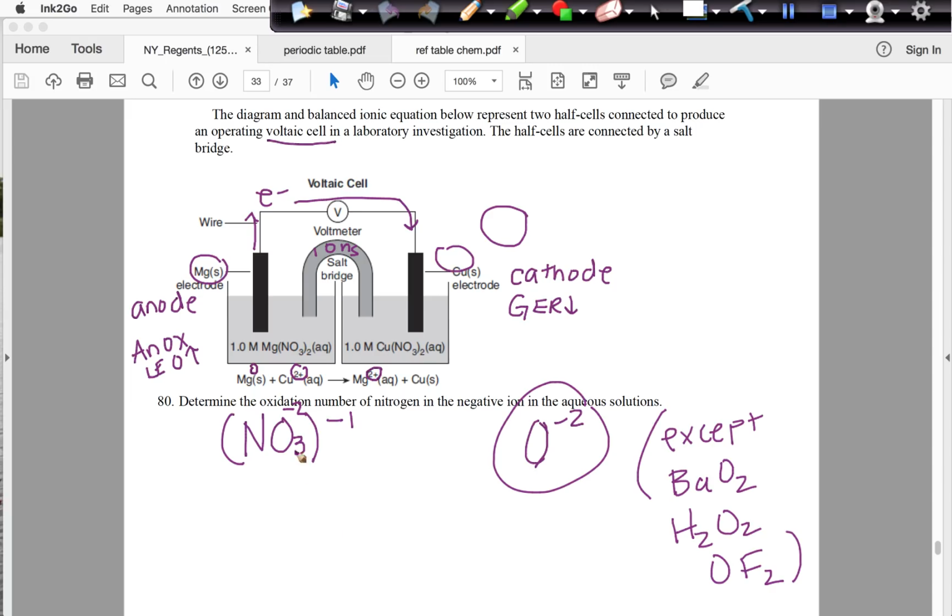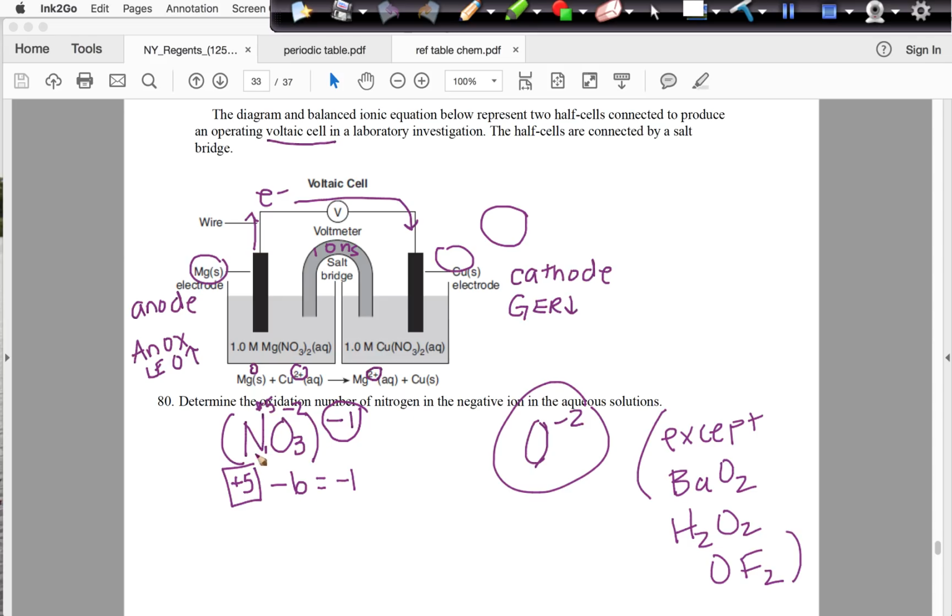Then remember, we multiply down in order to get the total charge. Some number for the nitrogens is going to add with a -6 to get us to a total charge of -1, because NO3's oxidation numbers have to add up to the total charge on the ion, which gives us a +5 for the nitrogen because there's only one of them.